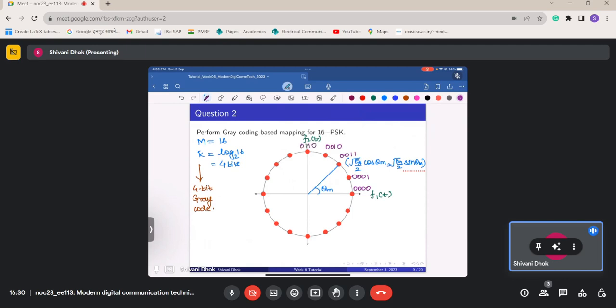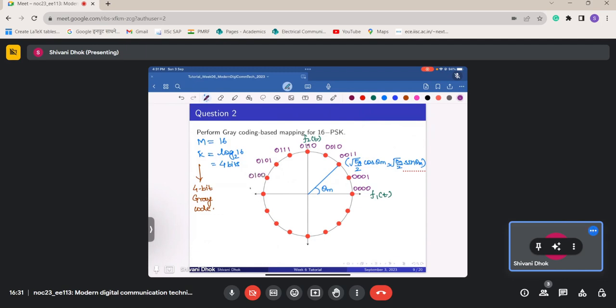Now I haven't received 0 1 1 1, so I can just change only this bit. So what I can get is 0 1 1 1. Then I again haven't received 0 1 0 1, so I can label this as 0 1 0 1. Then again I haven't received 0 1 0 0, so I can just flip this bit to 0. So what I have is 0 1 0 0.